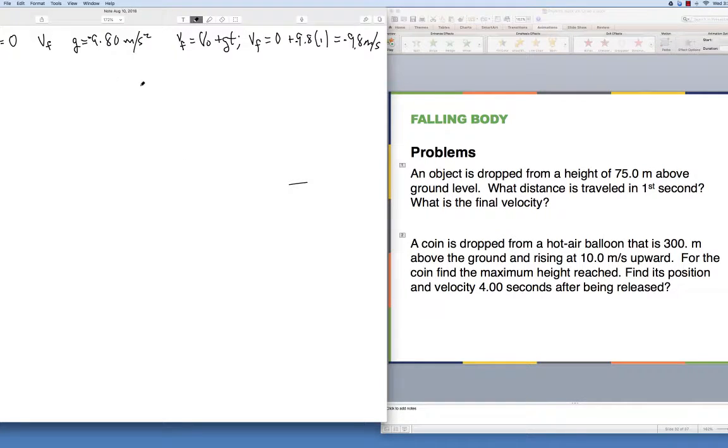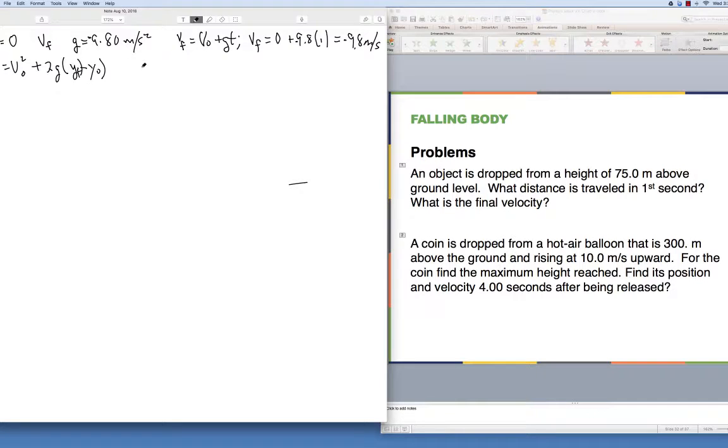What is the final velocity? There's a couple ways that we can do that. Probably the best way is to look at it this way. Vf squared is equal to V0 squared plus 2g times the y displacement, which is yf minus y0.